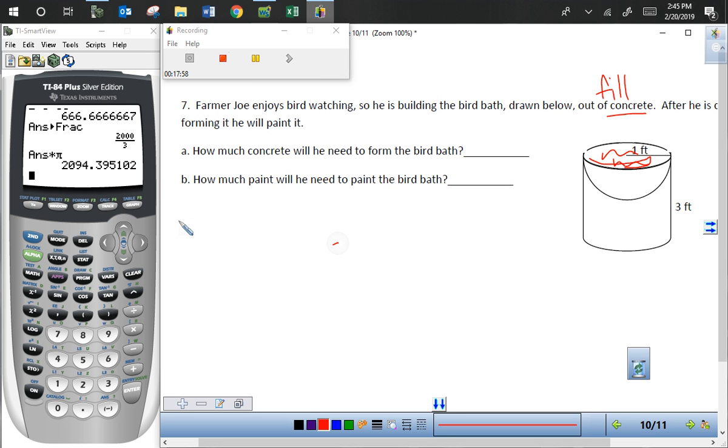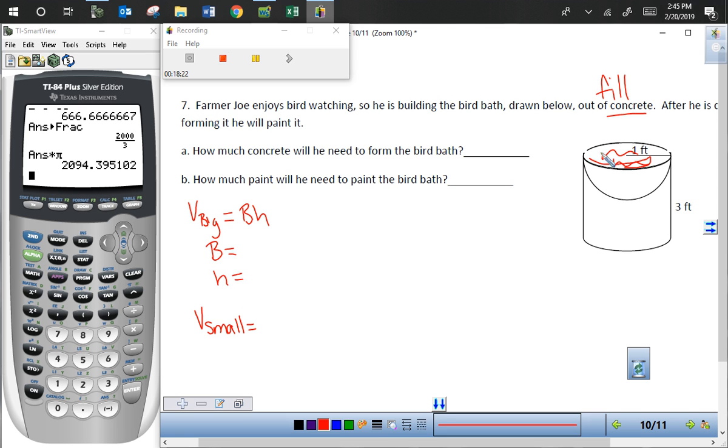So here's how I want you to set this up. We're going to do a volume since it says fill. So we're going to do the volume of the big one, and we're going to do volume of the small one, and then we'll subtract them. So the big shape is a cylinder. Cylinder is area of the base times the height for our formula.